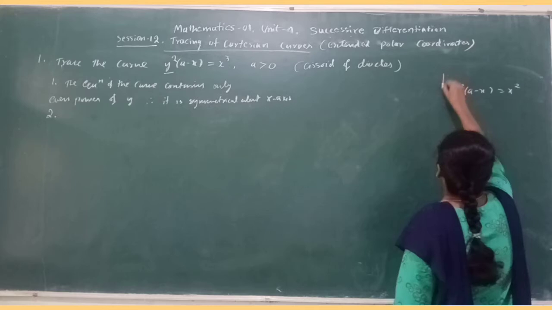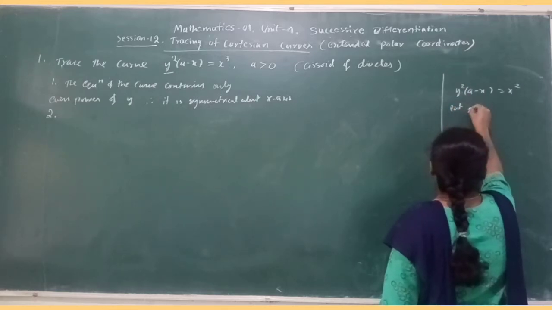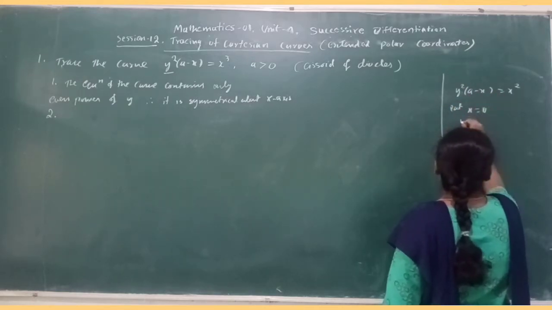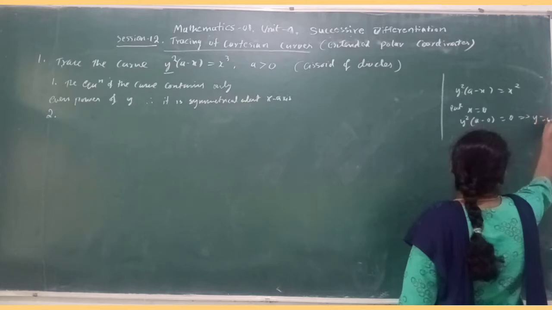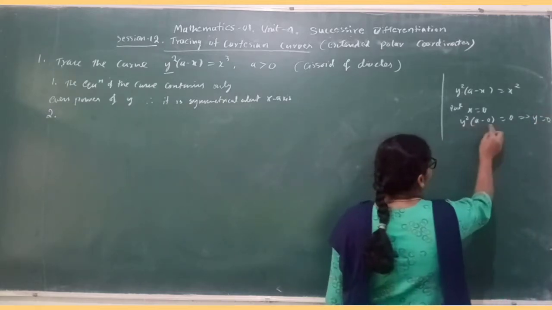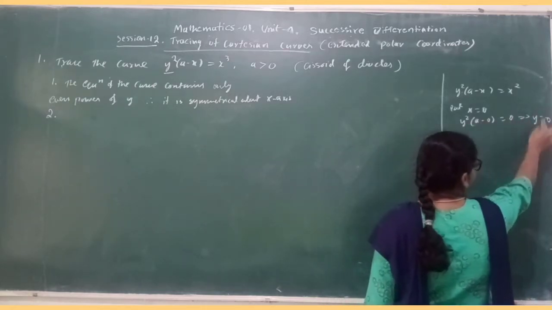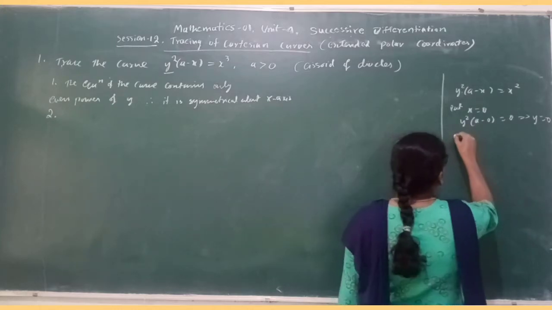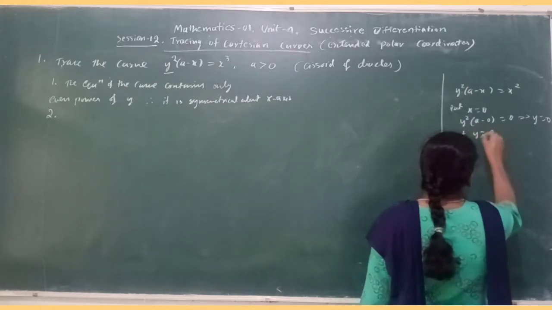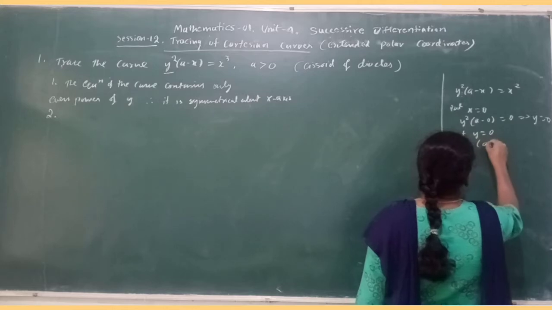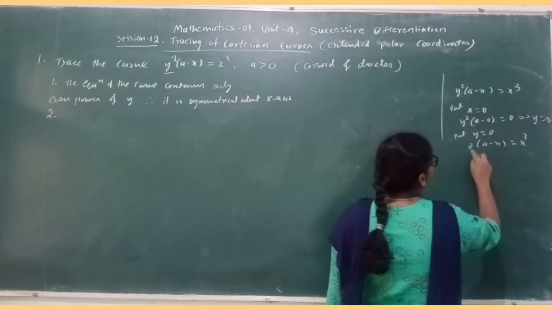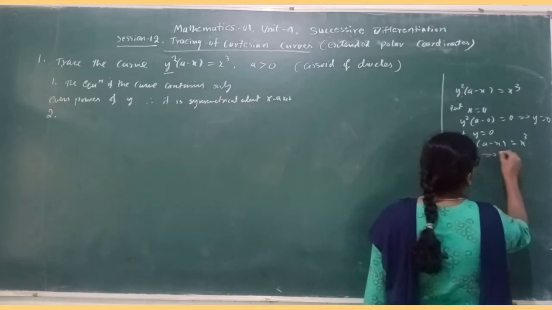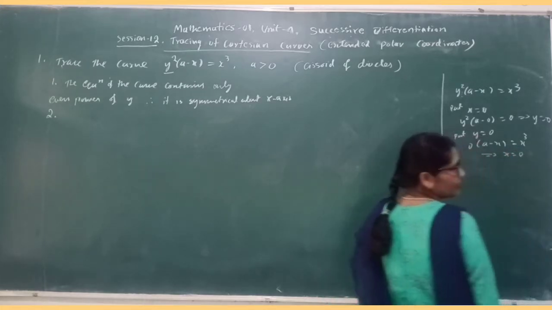Put x is equal to 0: y square into (a minus 0) is equal to 0, which implies y is equal to 0. Similarly, put y is equal to 0. Then you get 0 into (a minus x) is equal to x cube, so 0 is equal to x cube. This also implies x is equal to 0.